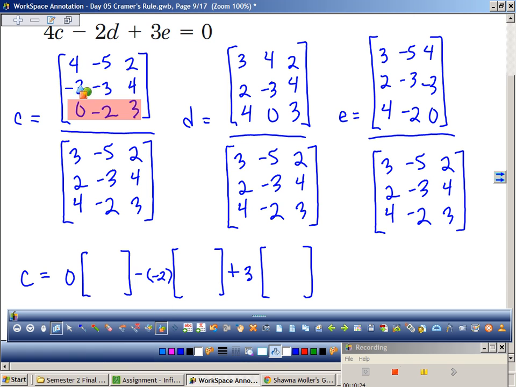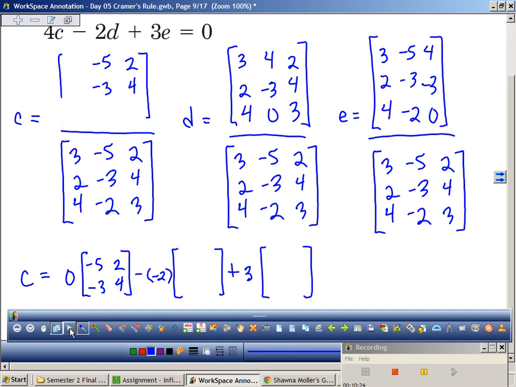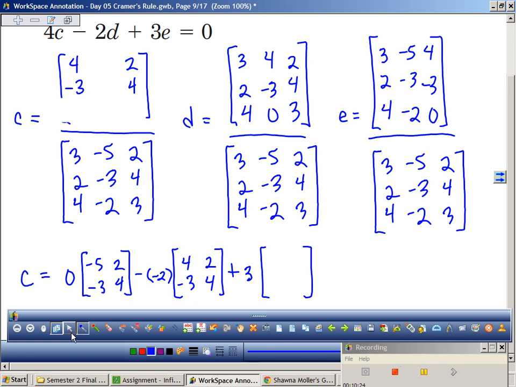Okay, so on the 0, I would cover up this one and this one, correct? So -5 to -3, 4. Then just move it, right, to the middle. 4, -3, 2, 4. 4, -3, -5, -3.